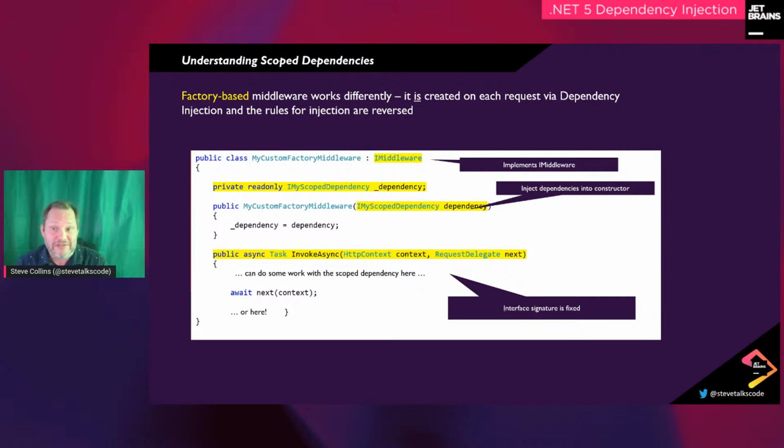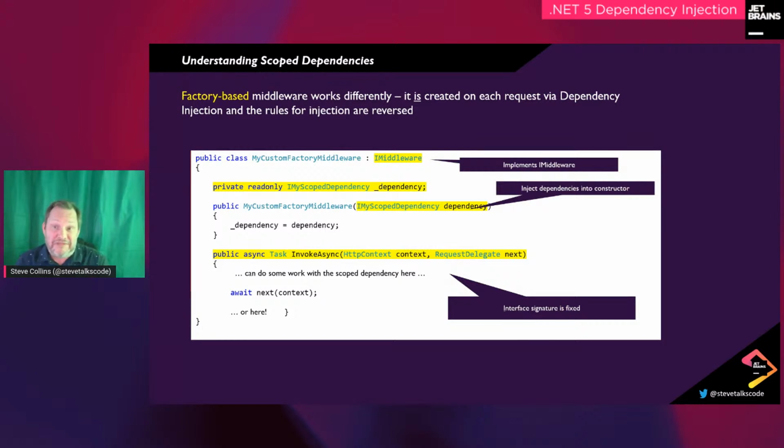What the IMiddleware interface allows you to do is to turn what we just described about convention-based middleware completely on its head. This time, the InvokeAsync method has a fixed signature defined by the IMiddleware interface. Whilst we still get the HTTP context passed into it, now the request delegate is passed in via the method and not via the constructor.